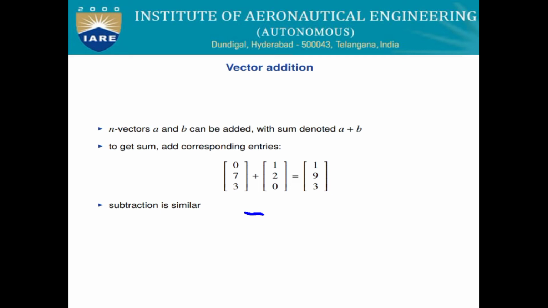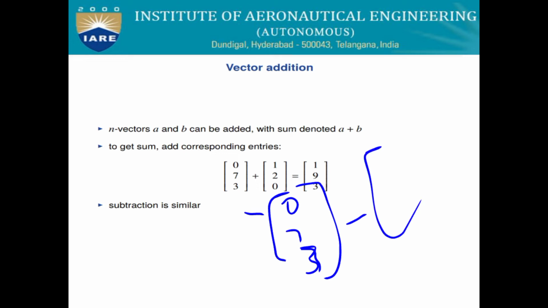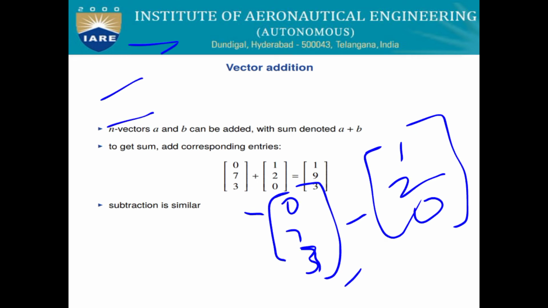Example: 0 7 3 minus 1 2 0. The result will be, I'll write here, there is not sufficient place.